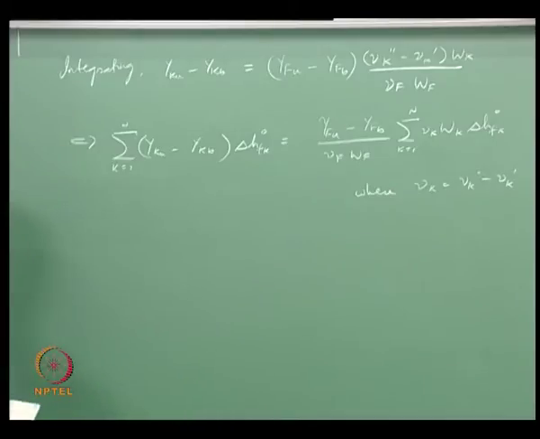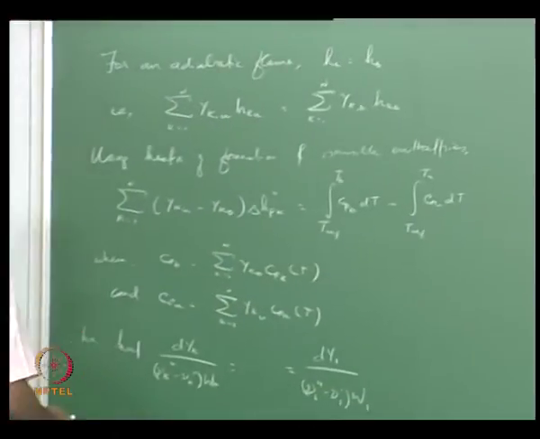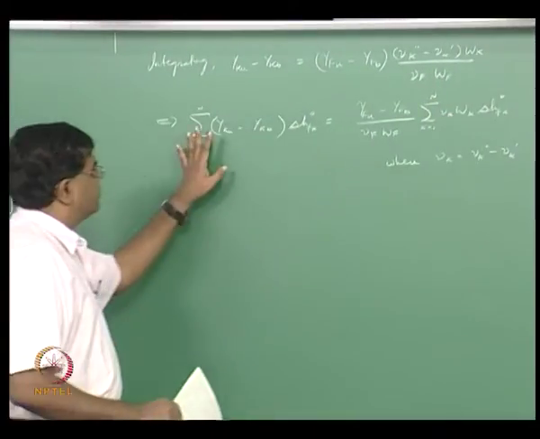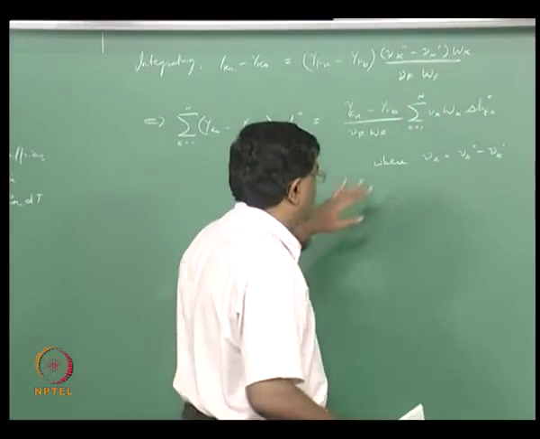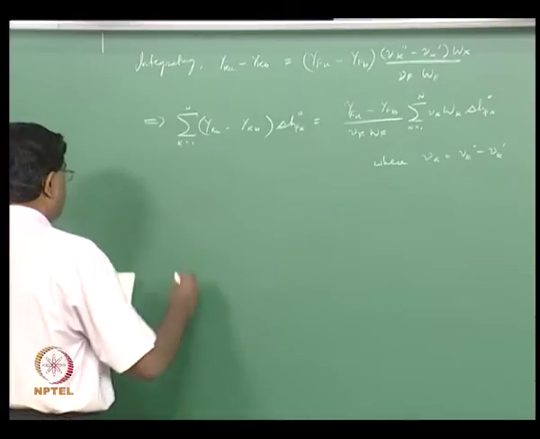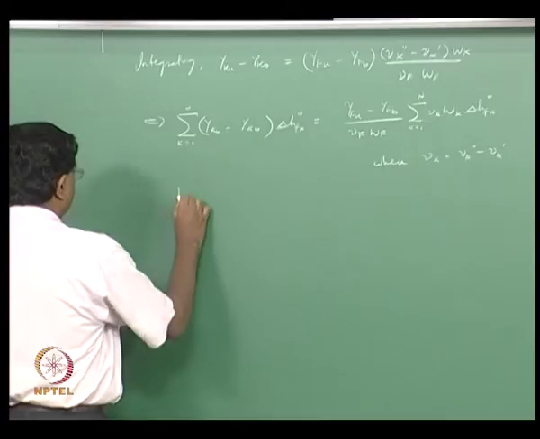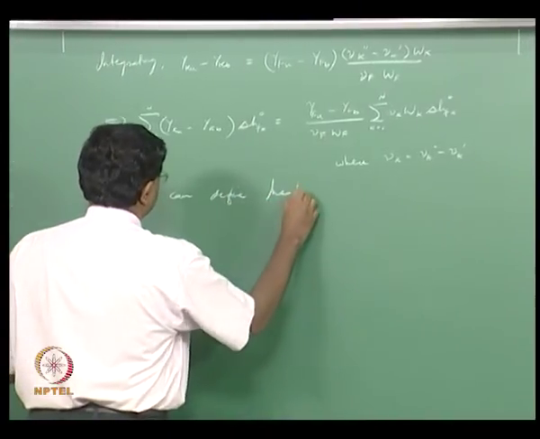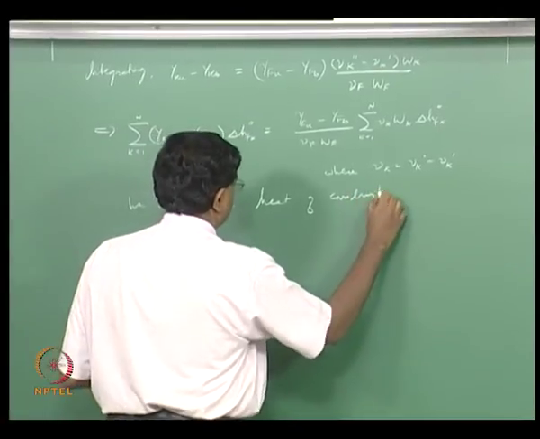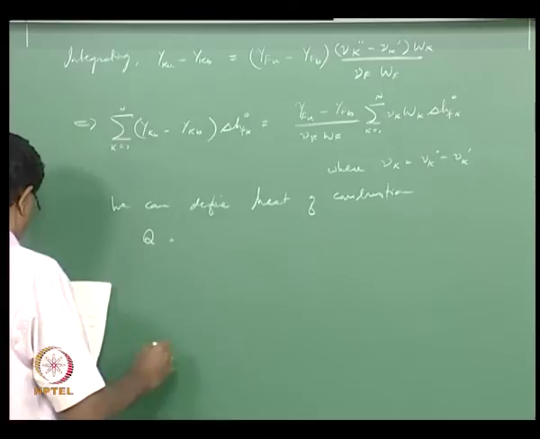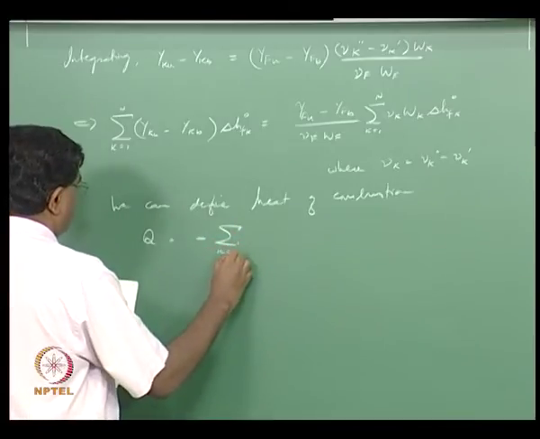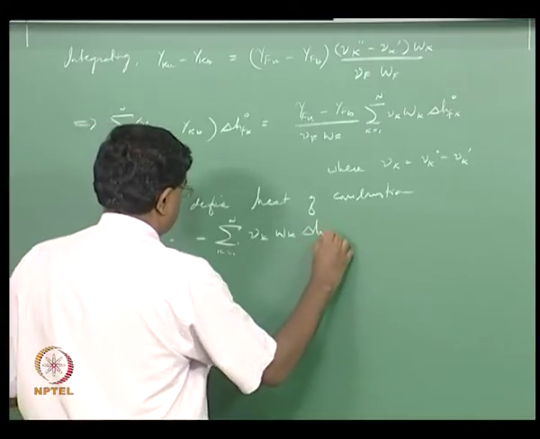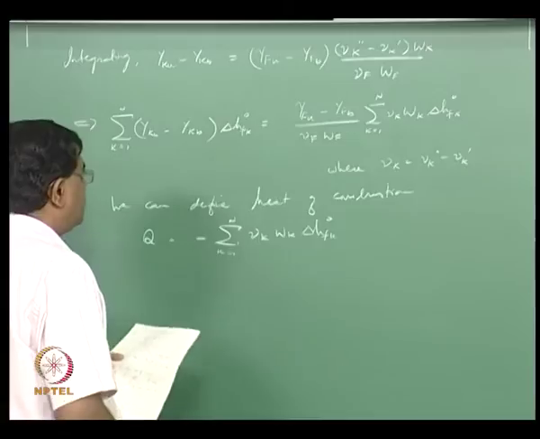Alright, so if you now look at this, effectively what it means is this essentially translates to just looking at this summation, and therefore if you say that summation is q, we can now define heat of combustion q equal to negative sigma k equals 1 to n nu k Wk delta Hk naught, alright.